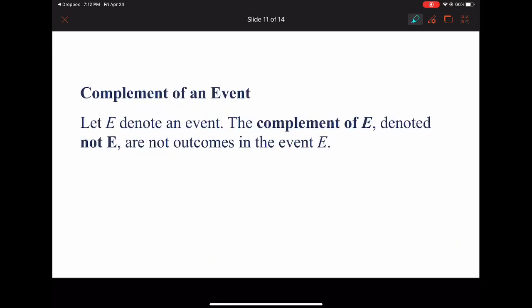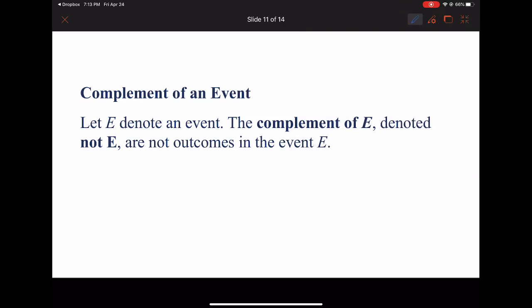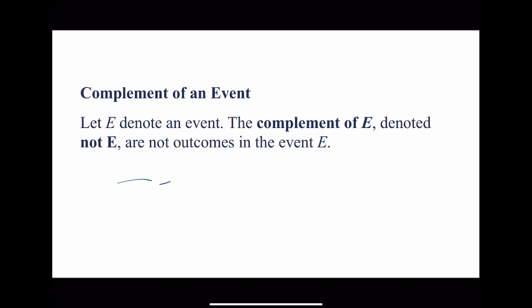Okay, the complement of an event. The complement of the event is a way that we say not, that something didn't happen. So say, what is the probability of not rolling a 3? We know that on a dice we can get 1, 2, 3, 4, 5, 6, and there's a 100% chance I'm going to get 1, 2, 3, 4, 5, or 6.